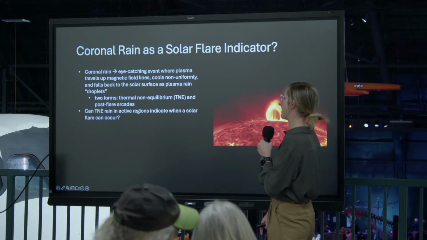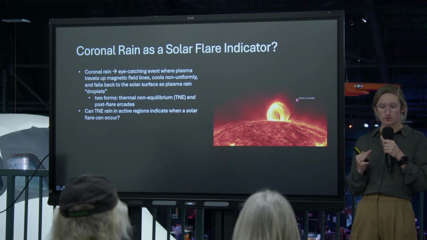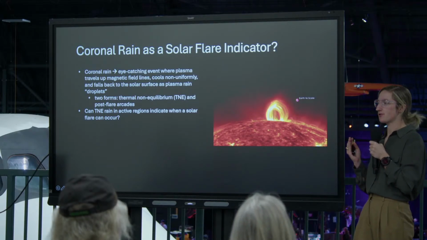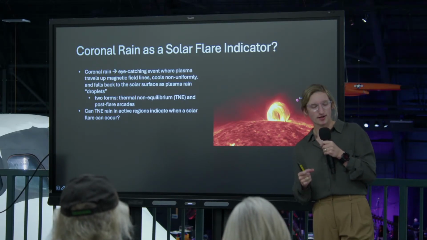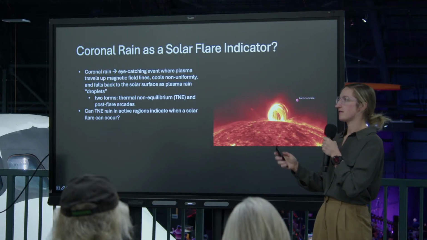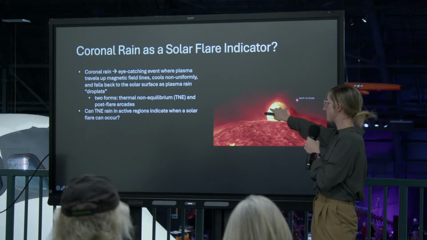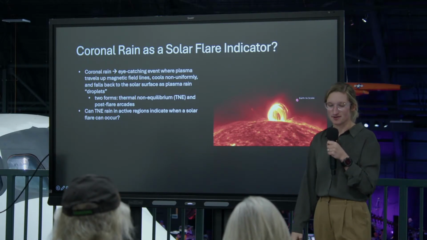So one thing that I'm looking at right now is, can coronal rain be an indicator for solar flare forecasting? There seems to be a trigger where right before a solar flare, the plasma from these magnetic field lines just drains. At least that's what I've observationally seen.